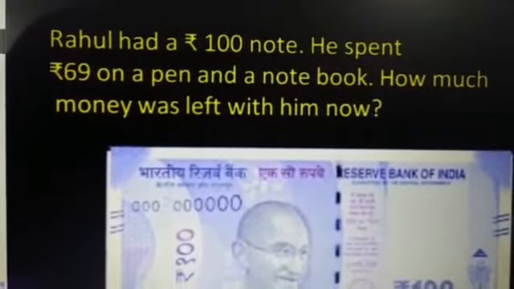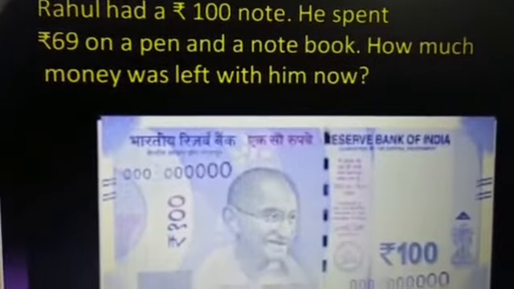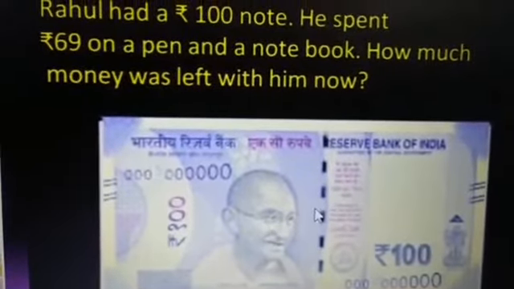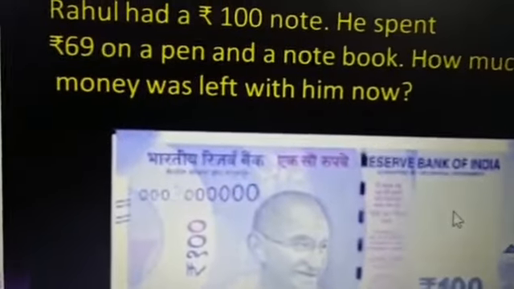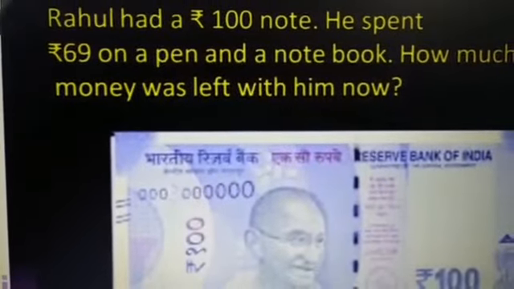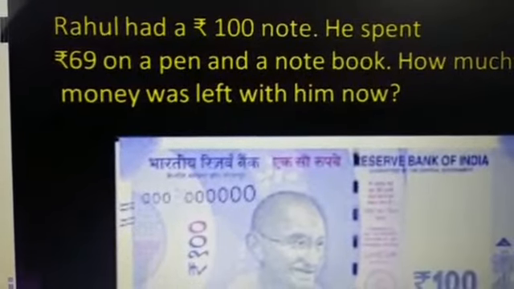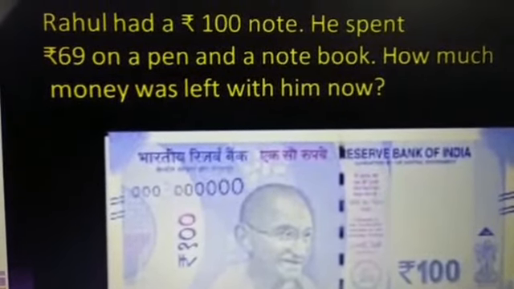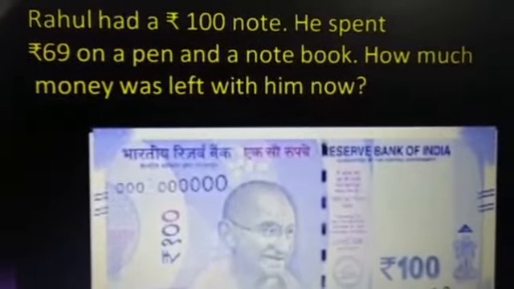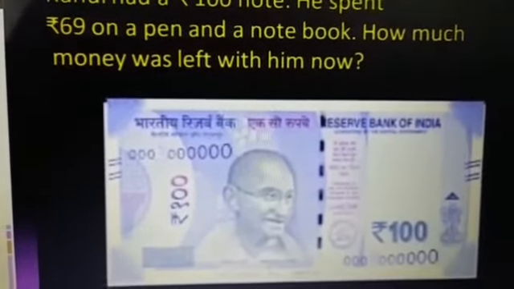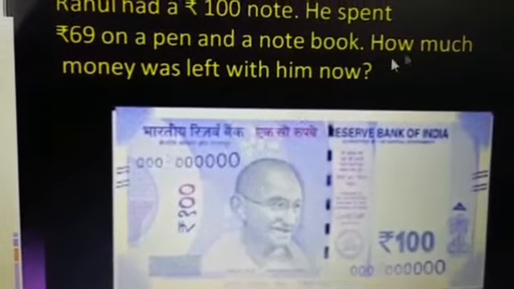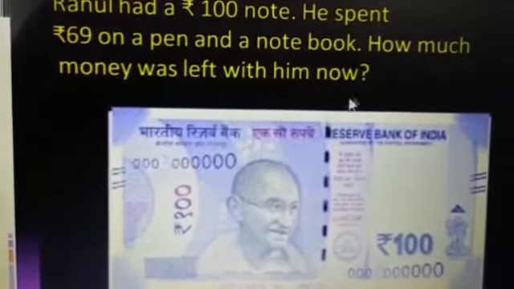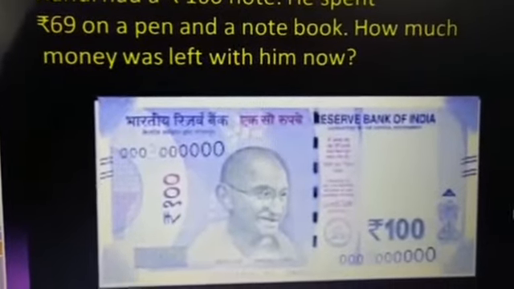Rahul had 100 rupees note. You can see 100 rupees note. Rahul's mother gave him 100 rupees note and he spent 69 rupees on pen and notebook. You know, pen and notebook was there. On that pen and notebook, Rahul spent 69 rupees. So, how much money was left with him now? That we have to find out.